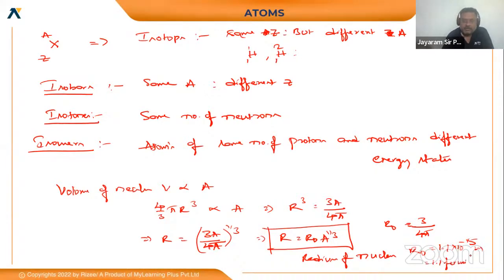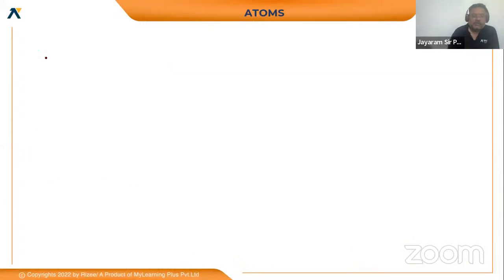Next, in this case, nuclear density will be almost constant. Now, 1 AMU means what?